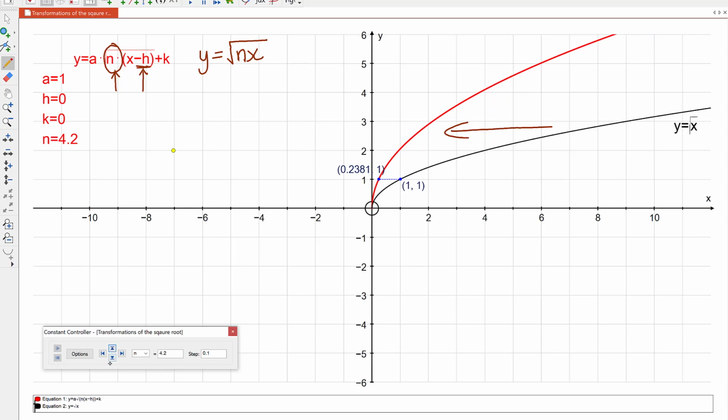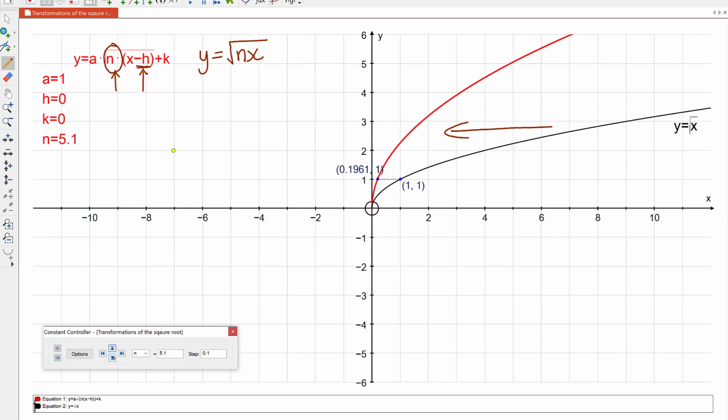With the decimal values, it can be hard to see how the values are being made smaller, so let me make n 5, and we might see more clearly. When n is 5, so the square root of 5x, the x-coordinate hasn't been multiplied by 5, the x-coordinate is now 0.2. So the x-coordinate has actually been divided by 5.